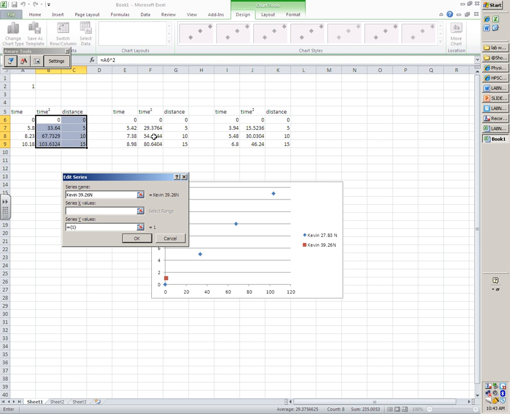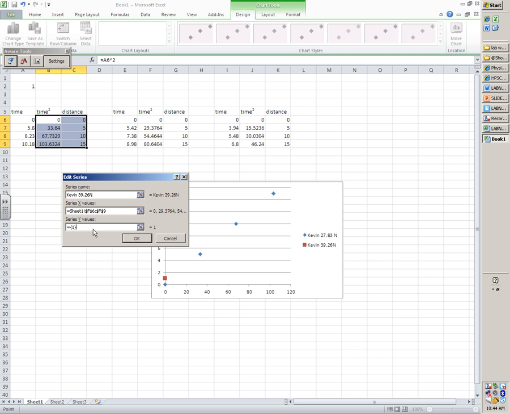Does that make sense so far? So all I'm going to do is I'm going to click in this box where it says series x values, and then I'm going to highlight these four. Just those four, because when you're doing it this way, you tell the x values and the y values separately.